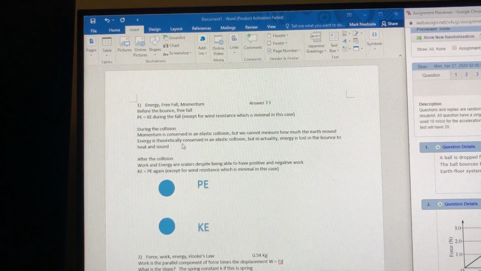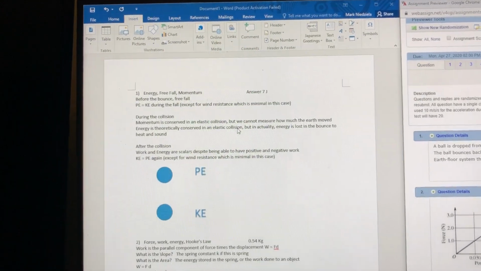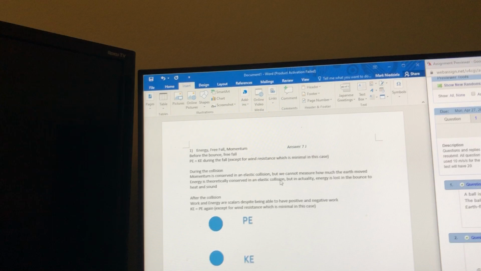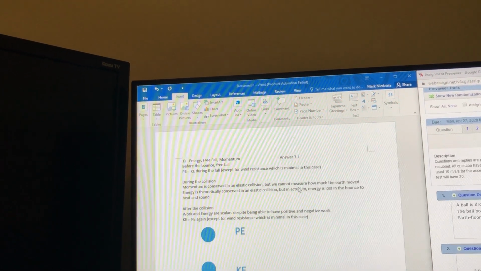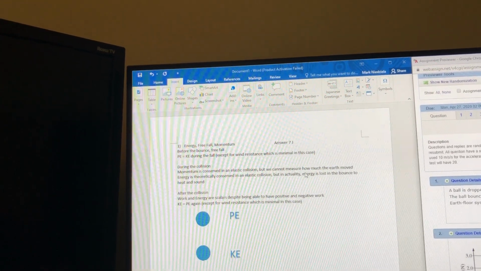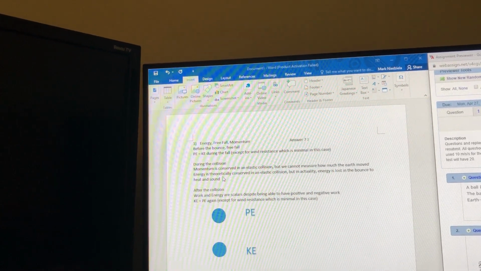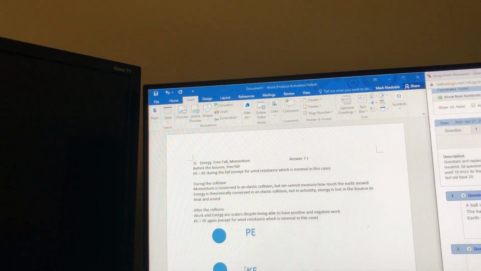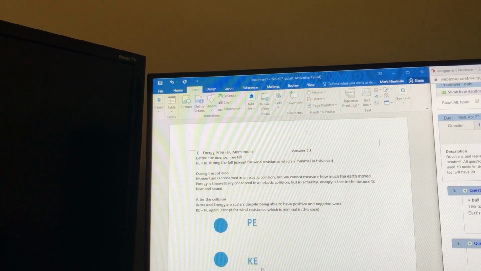Energy is theoretically conserved in an elastic collision also. If they stick together, energy's lost. In this case, we would say, okay, energy's conserved. But in reality, not the theoretical condition, but in actuality, energy is lost in the bounce due to heat and sound. So they're telling us that after the collision, we now have not 10 joules, but we only have 7.